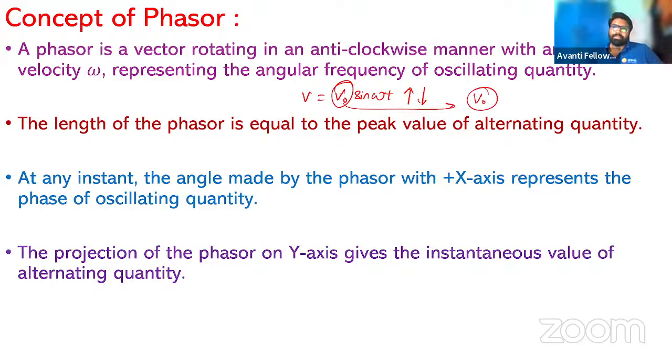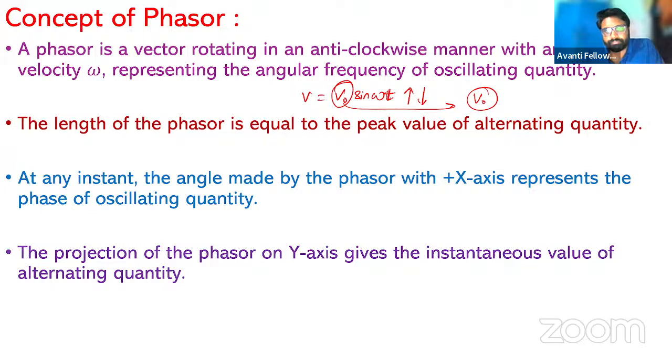The magnitude of this voltage depends on the value of time at that instant. So we are creating an oscillating vector, which tells us the magnitude of an oscillating quantity for a particular time instant. As the time instant changes, the magnitude of this vector will also change.